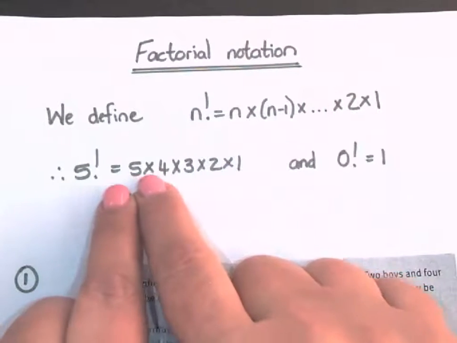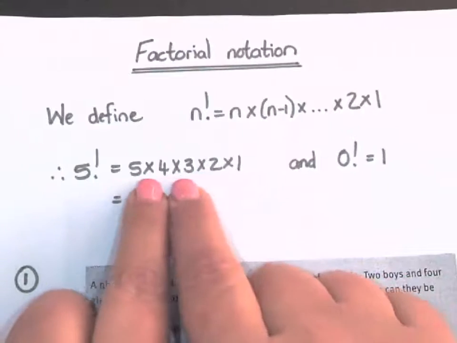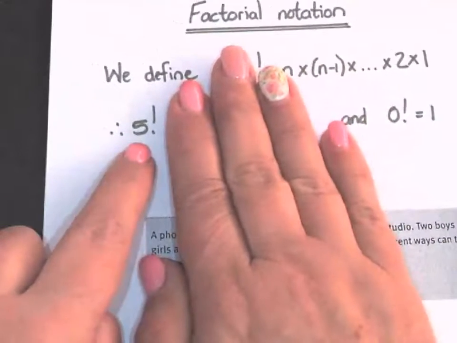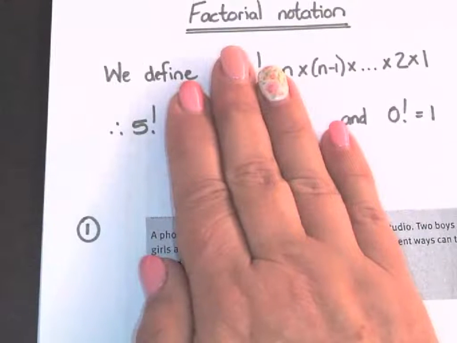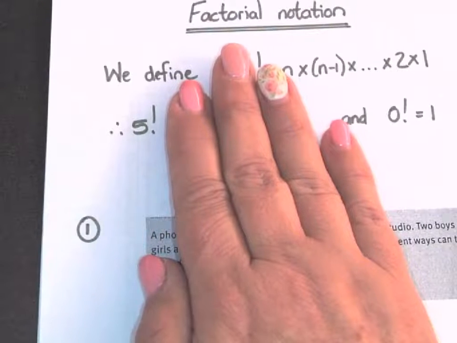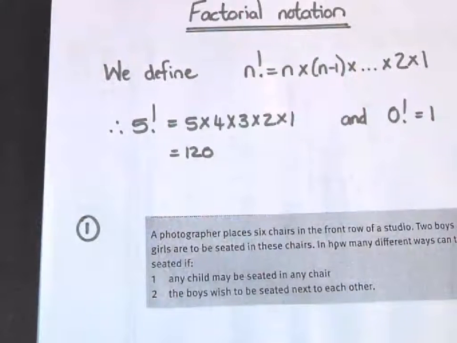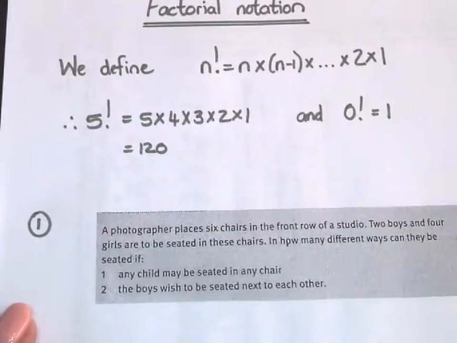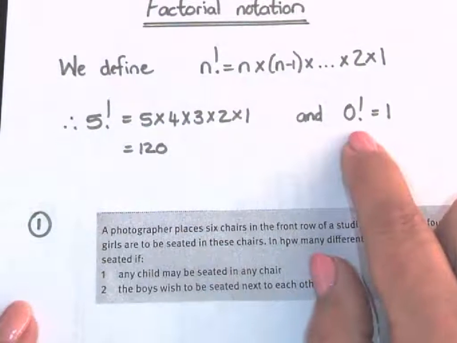And to write this, decreasing numbers down, we use a short way, 5 factorial. So 5 factorial means 5 times 4 times 3 times 2 times 1. And 0 factorial is always 1.